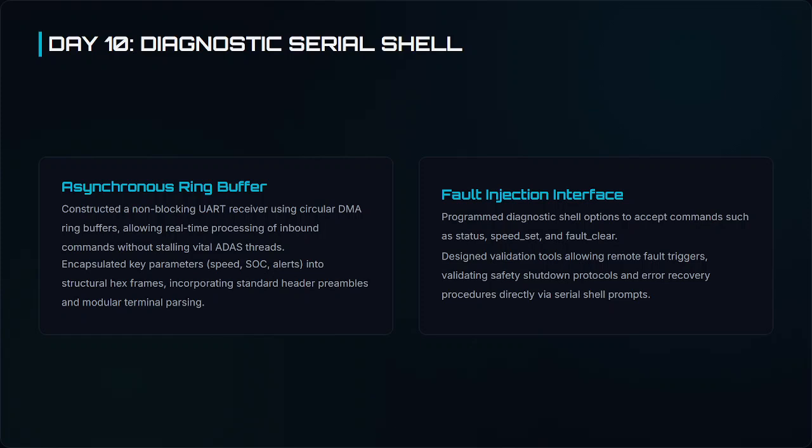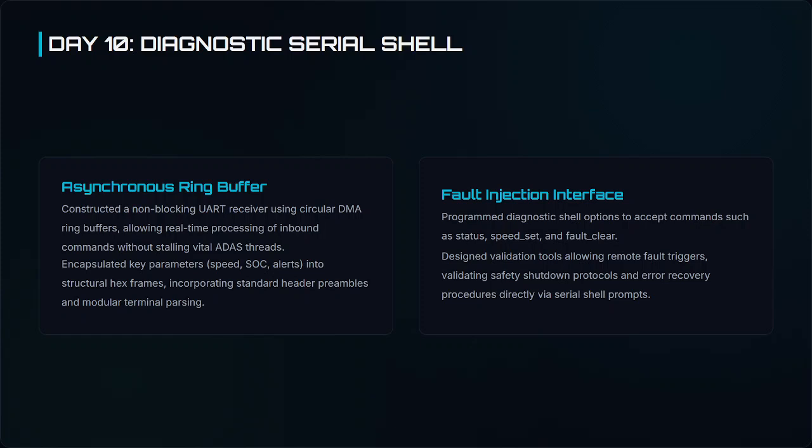The UART runs at 115200 baud to prevent serial processing from delaying our 10 millisecond safety critical motor loops. We configured direct memory access to receive data into a circular ring buffer without CPU intervention.